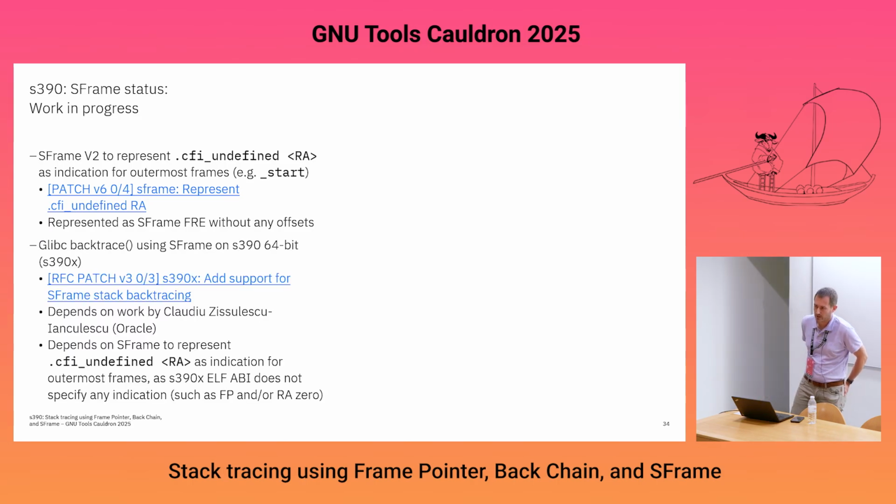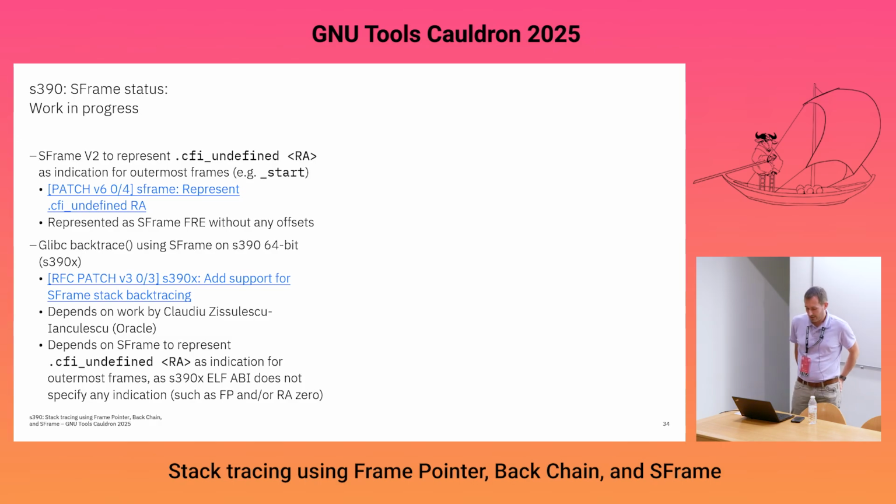Then I'm working on adding support in Glibc backtrace to use SFrame on s390. Again, there's an RFC patch series already out for that. It depends on work from Claudio Scordino from Oracle, who has enabled Glibc backtrace to use SFrame and added the x86 and ARM architecture support for that.